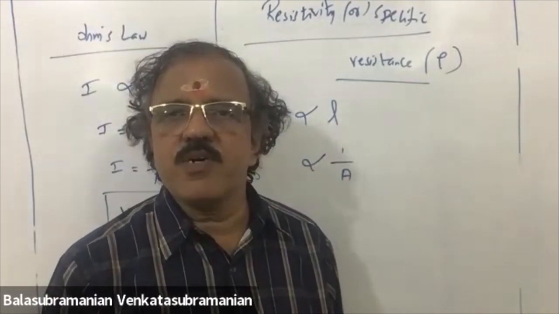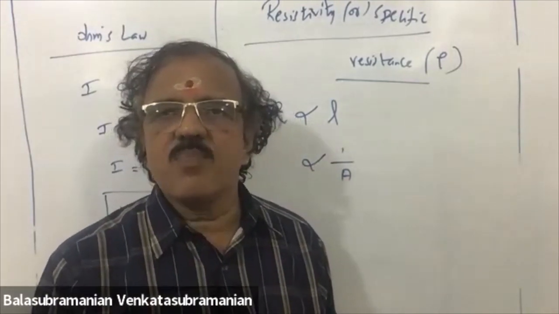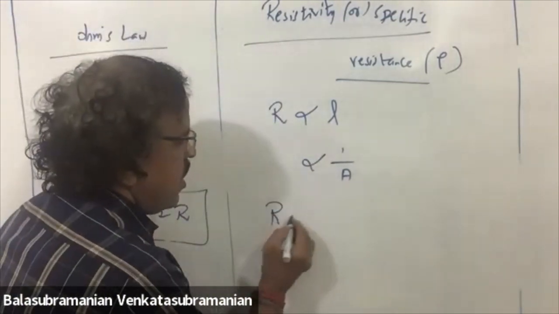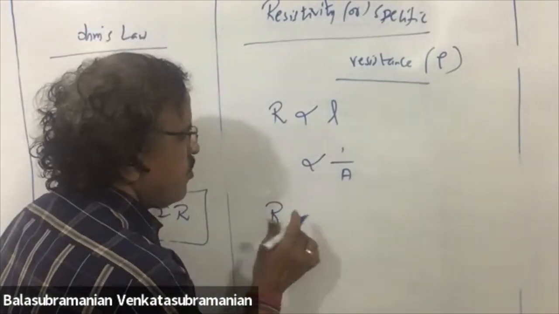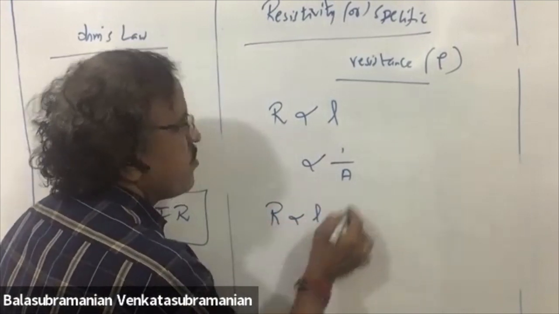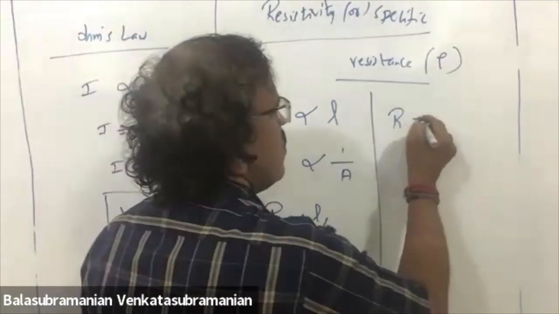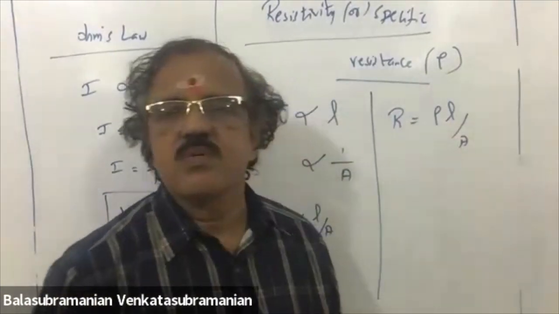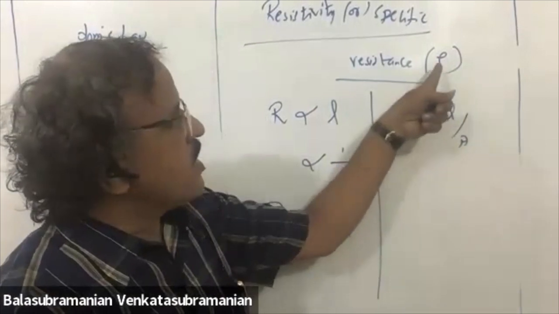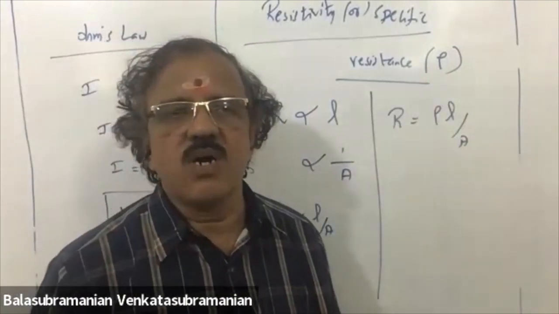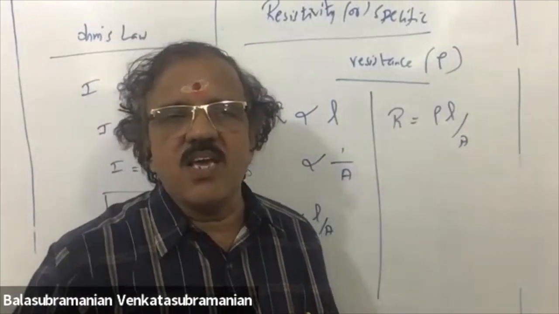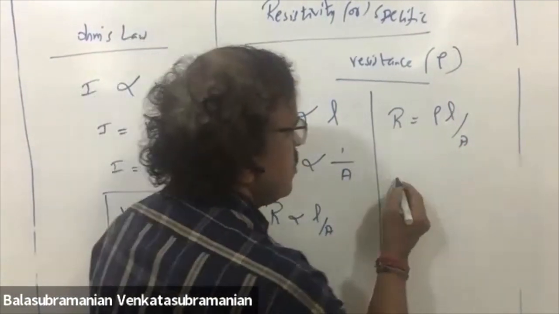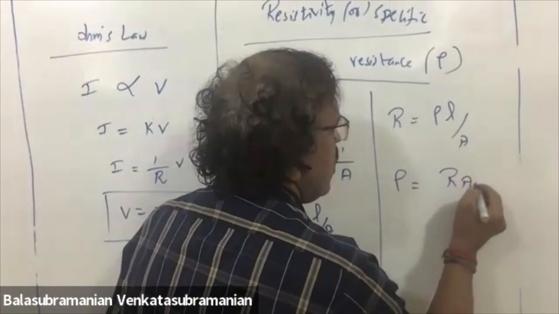So R proportional to L, R proportional to 1 by A. So I can write R proportional to L by A, R is equal to rho into L by A. This rho we call the specific resistance or resistivity of the wire. So rho is equal to RA by L.